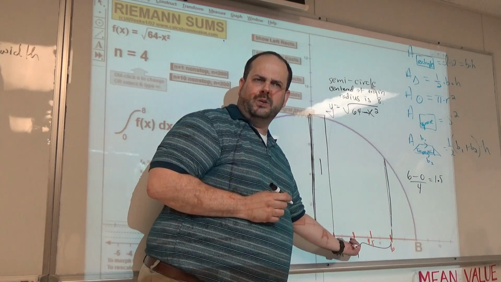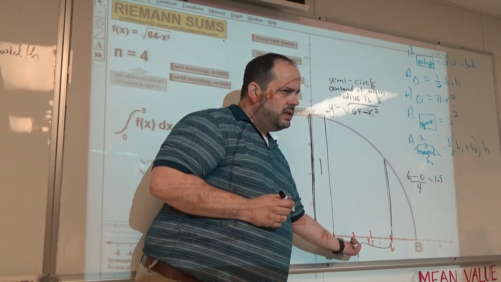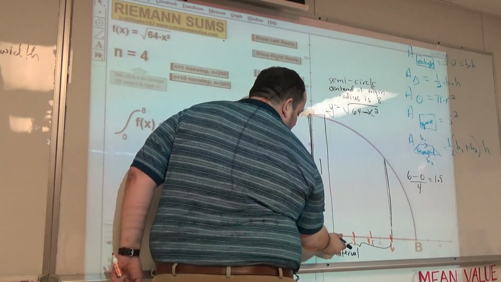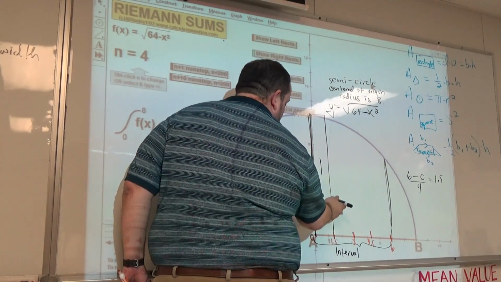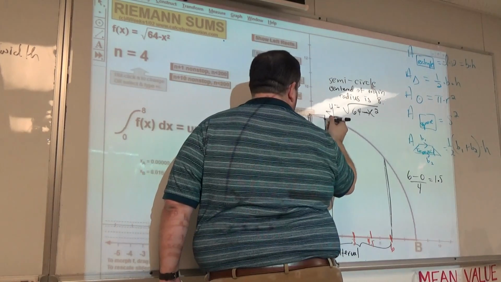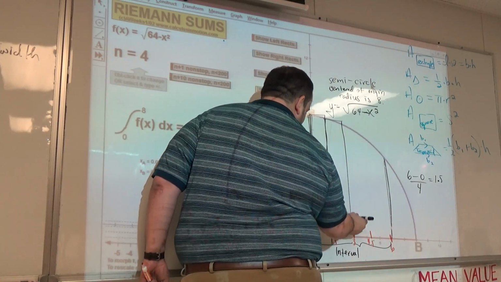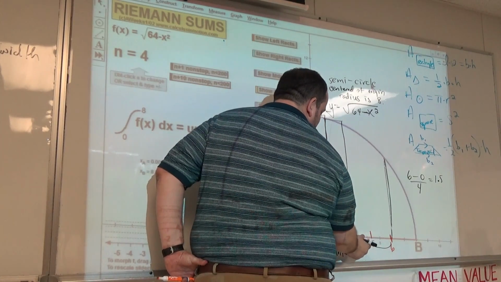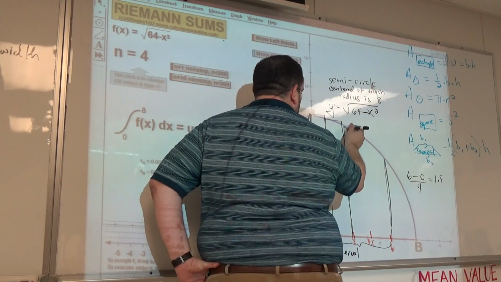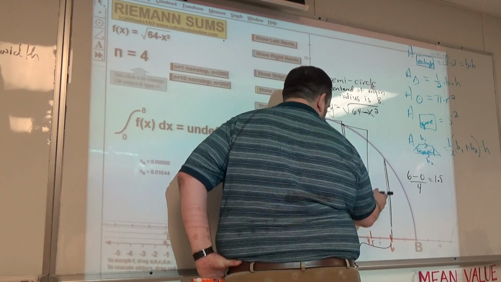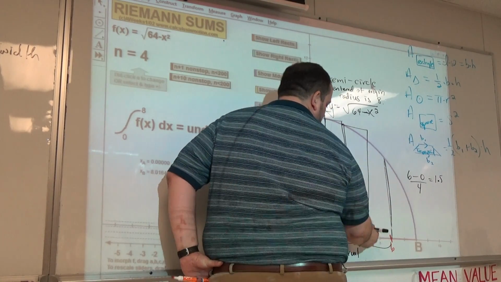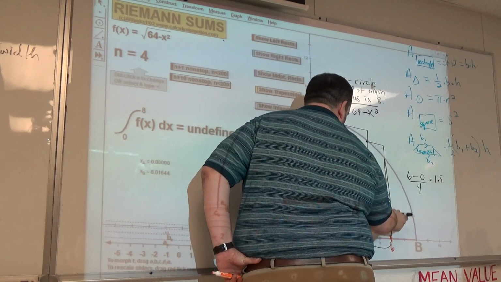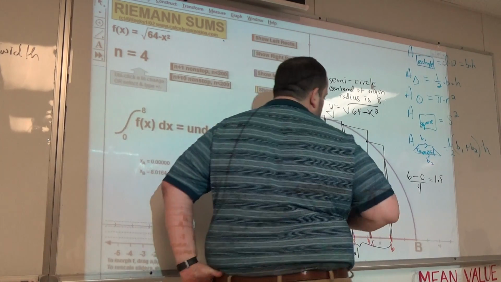Which method am I using? Left. Start at the left, go up to the curve, go over, and come back down. There's your second one. Left endpoint method again. Now I'm at 3. Go up, go over, go down. Fourth rectangle. Up, over, down.